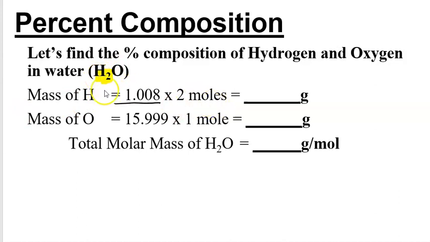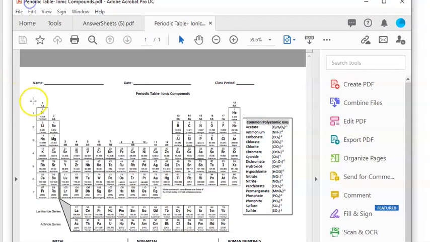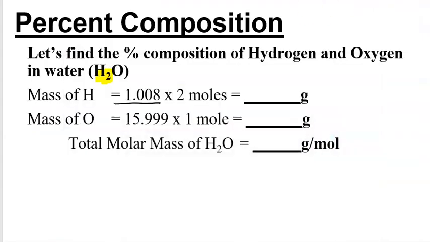Okay, so 1.008, again, that's just from the periodic table, the average atomic mass. I'll pull that up. Look. So get your periodic table out. That's going to help you. There it is. So it came from right there. And I know that's really small, but I just wanted to show you where that number came from. Right there. So that's the average atomic mass.